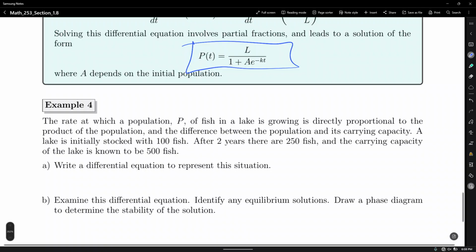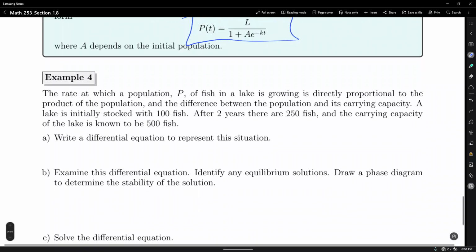A lake is initially stocked with 100 fish. After 2 years, there are 250 fish. And the carrying capacity of the lake is known to be 500 fish. So think about a lake. It's bounded. It's not an infinite lake, so we can't have infinitely many fish in there. So that exponential model from before is not the correct one.